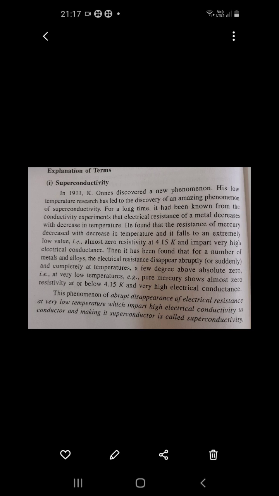Remember it always, because the definition has its own importance. When there is abrupt disappearance of electrical resistance at very low temperature, the material has very high conducting behavior. Such materials are called superconductors, and the phenomenon is called superconductivity. Everybody understood that?